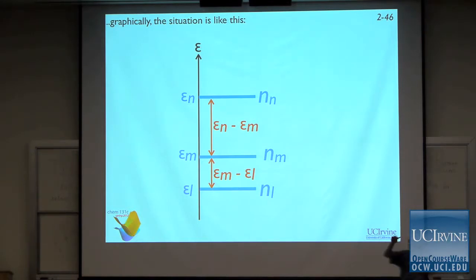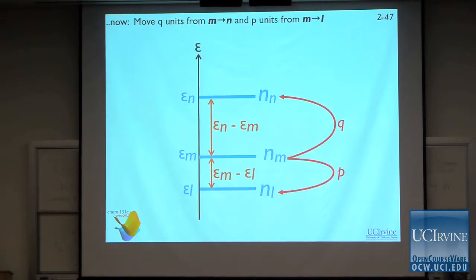Now what we're going to do is shift. We've got some number in state N, some number in state M, some number in state L. Now we're going to shift. We're going to move Q guys from M into N and P guys from M into L. We're going to choose P and Q so that we maintain the same total energy.